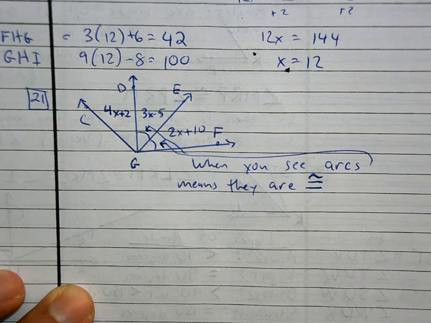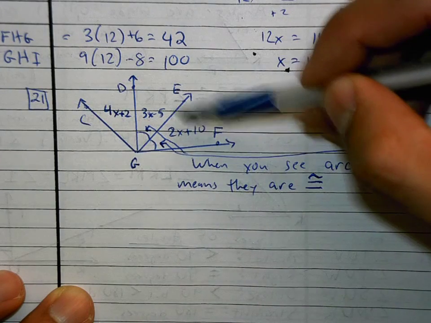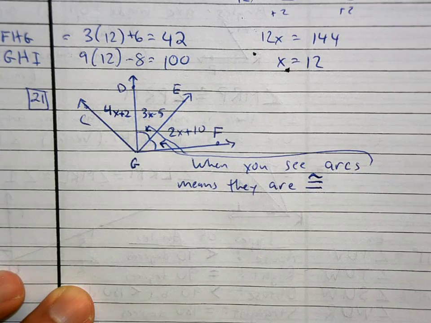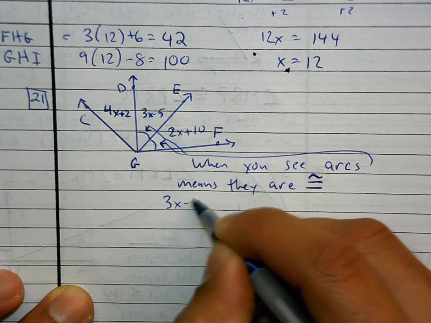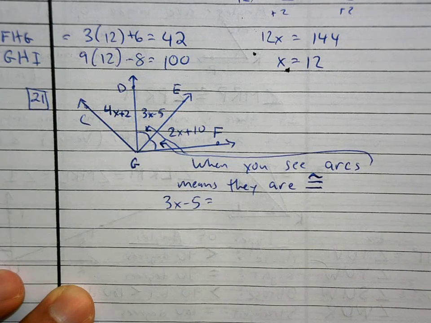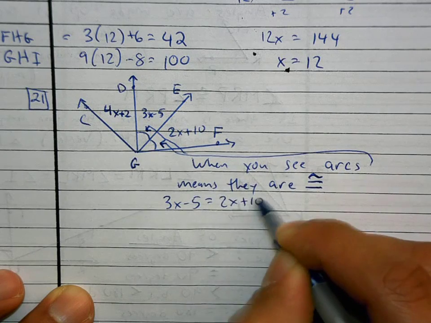Okay? So when I'm doing this problem, the very first thing I see is there's an arc here, which means these two angles are congruent to each other. They're the same size. So the very first thing I set up is 3x minus 5 is the same as, which other one? 2x plus 10.